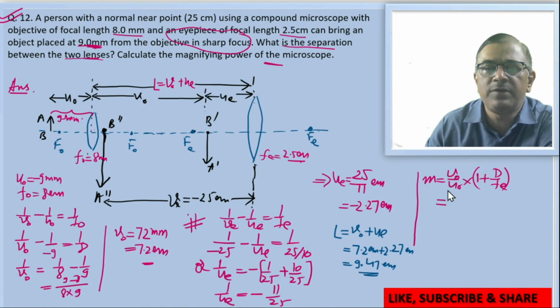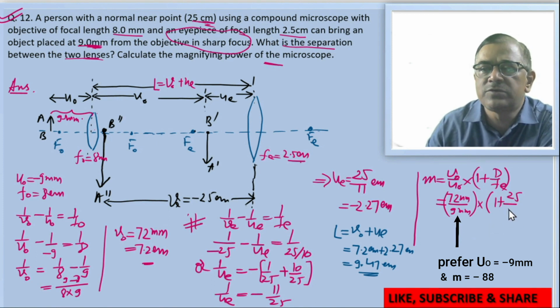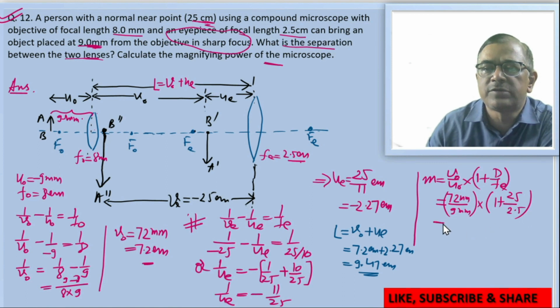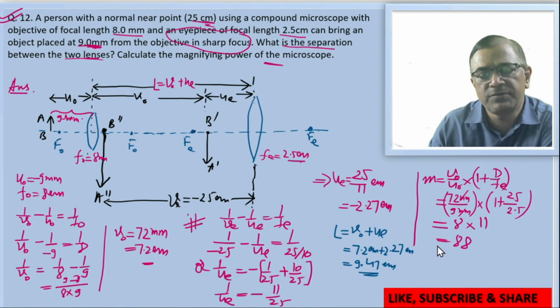The value of VO is 72 mm upon UO, which is 9 mm, multiplied by 1 plus D, which is 25 as given, over the value of FE, which is 2.5, and millimeter and millimeter will cancel. This is equal to 8 multiplied by 11, and this is equal to 88. So the angular size of the final image should be 88 times the angular size of the object when placed at the least distance of distinct vision.